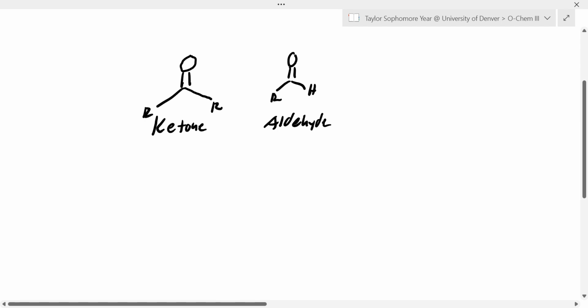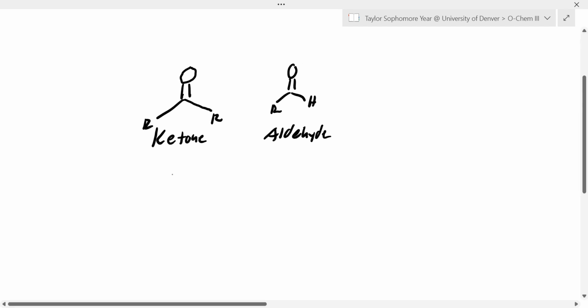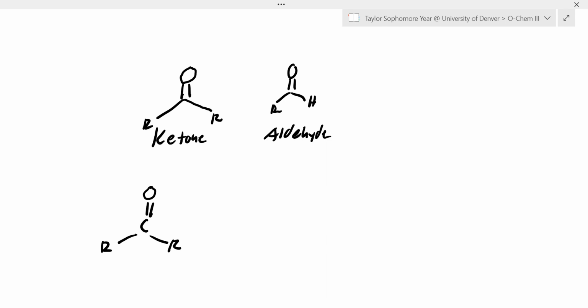So when we take an example such as, we'll say here, we have to determine which is the nucleophile and which is the electrophile. To do this, we have to understand which will donate more electrons and which will take more electrons.